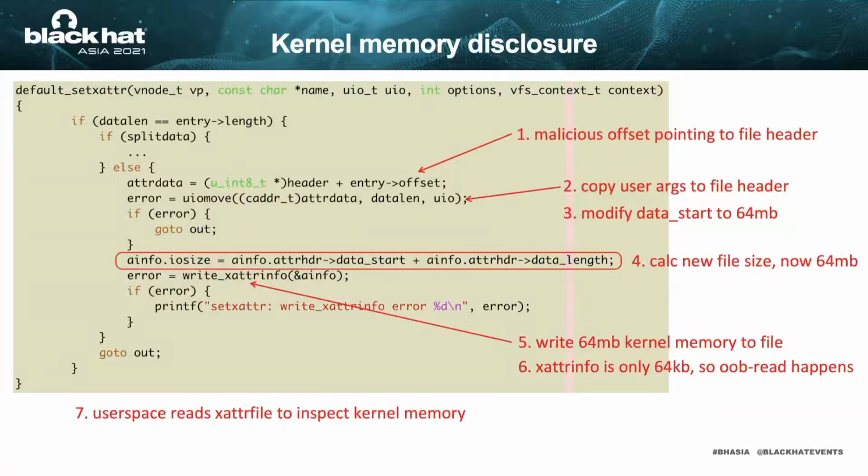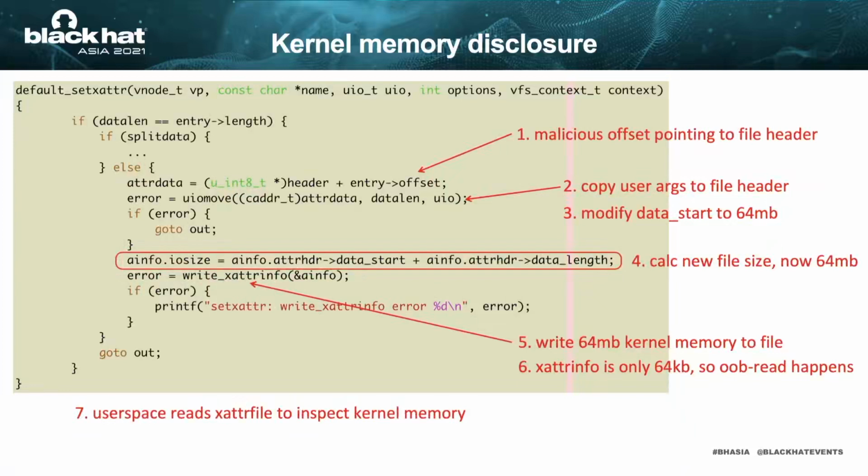The new file size is calculated by data start plus data length. Referring to the previous page, these two fields are within the coverage of the illegal entry offset. I can change any of them to increase the size of the file, for example, to 64 megabytes.